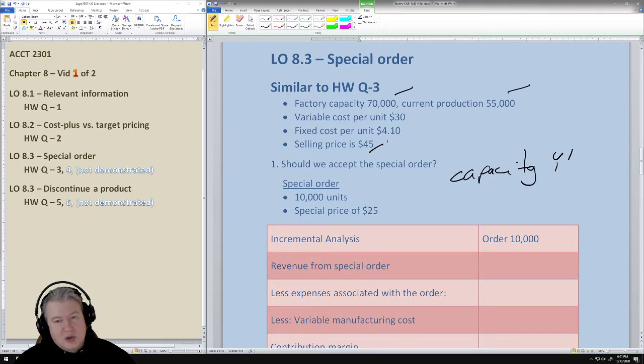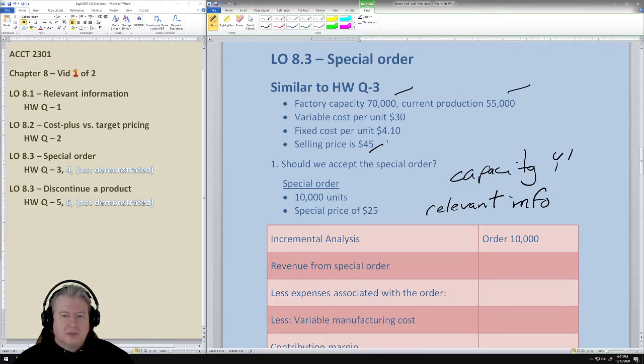Well, the truth is, remember the idea of relevant costs. When we look at the relevant information, when we look at the two scenarios of taking the special order versus not taking the special order, right? Those are the two scenarios. We want to evaluate what are the differences.